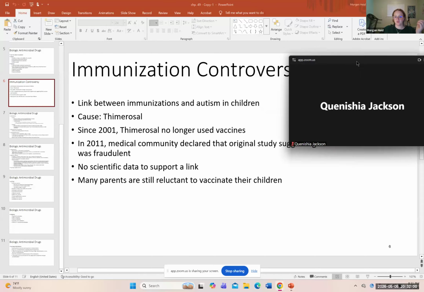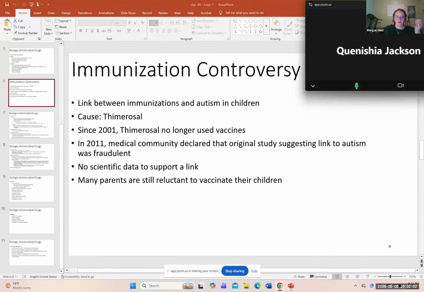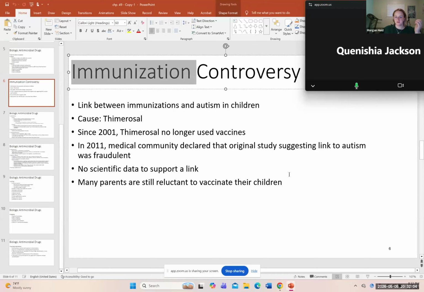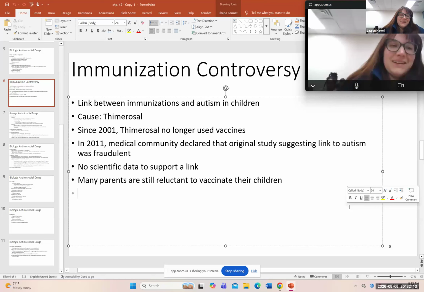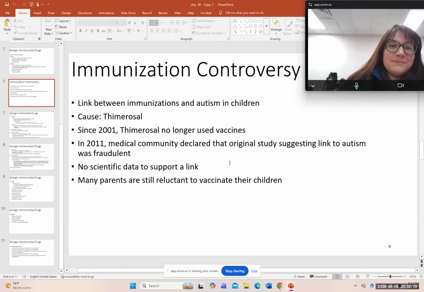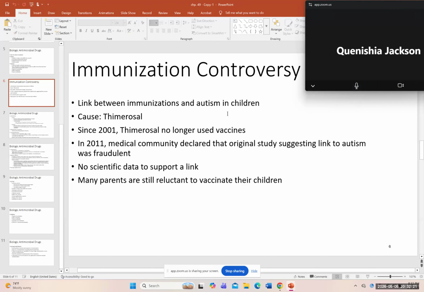All right, just really quick because we have to talk about it. Immunizations, vaccines, are they safe? No, they can't kill you. But not to start a debate, because we don't have time for that, this is a huge debate. I'm not telling you one way or the other.